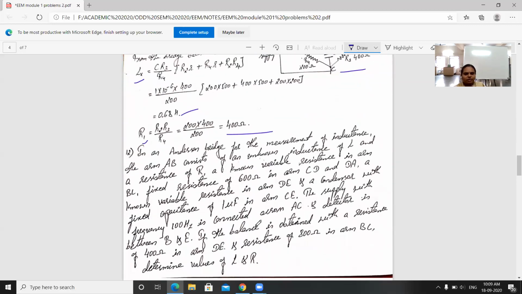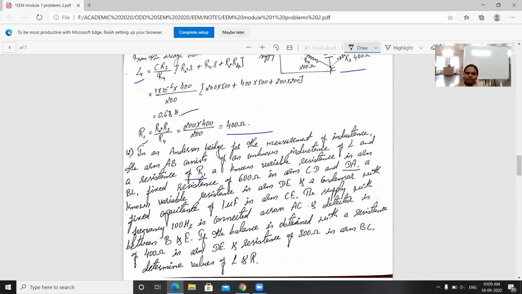Here one more problem is given for us. In an Anderson bridge, for the measurement of inductance, the arm AB consists of an unknown inductance L and a resistance R. A known variable resistance is in arm BC and a fixed resistance of 600 ohm in arm CD and DA. Across CD a variable resistance is connected, and the fixed resistance of DA, both having the value 600 ohm.